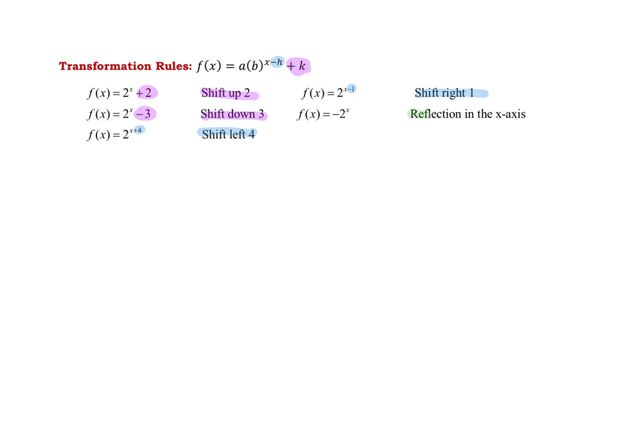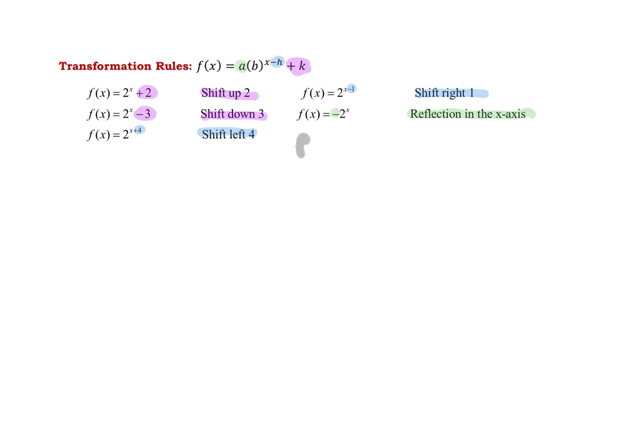And then reflect over x is my a value. And we're not going to really stretch these. We may talk about it while we're graphing, but I want you to just know the basic behavior of reflecting over x. I did leave out on here, and I need to write it in, is reflect over y.